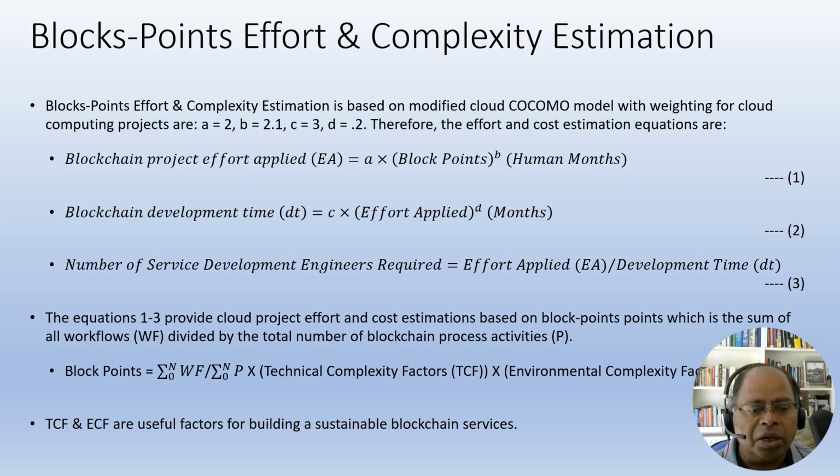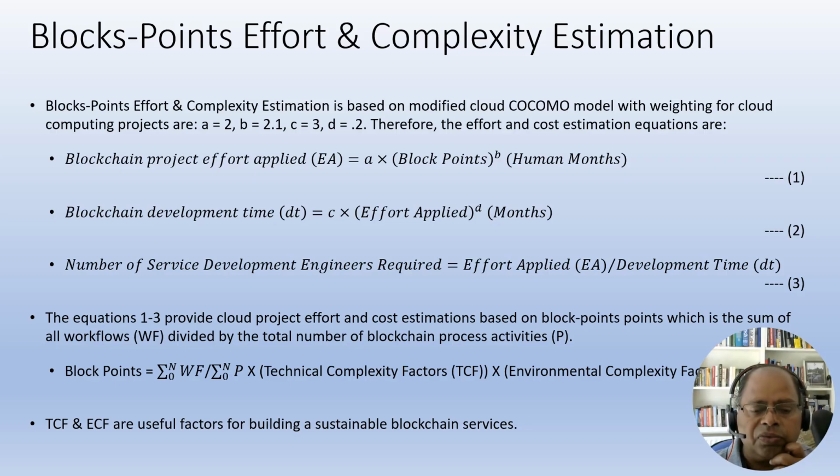And then development time, DT, is equal to C, another constant, times the effort applied, EA, which you already identified, to the power of D, which is another constant. This is in months. So you can see the number of service development engineers required. You can identify by multiplying the effort applied and the development time.